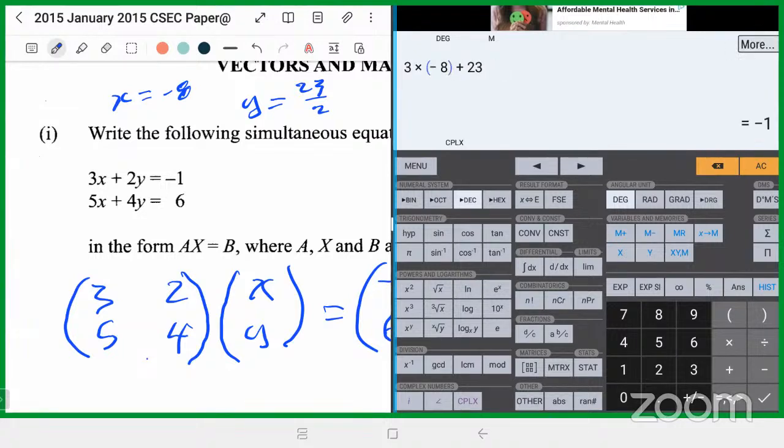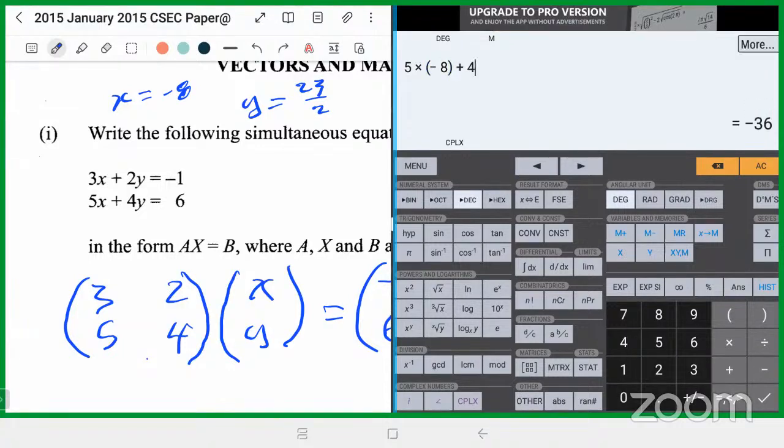Yep, -1. That's correct. Let's try it on the second equation now. It is 5 times -8, and then you're adding 4 times 23 over 2, which gives -6.